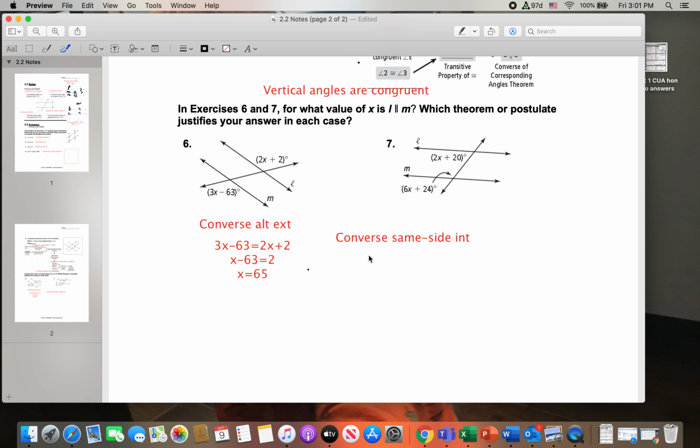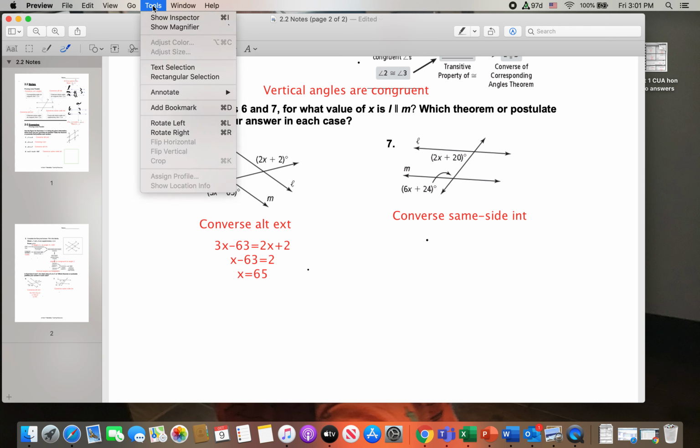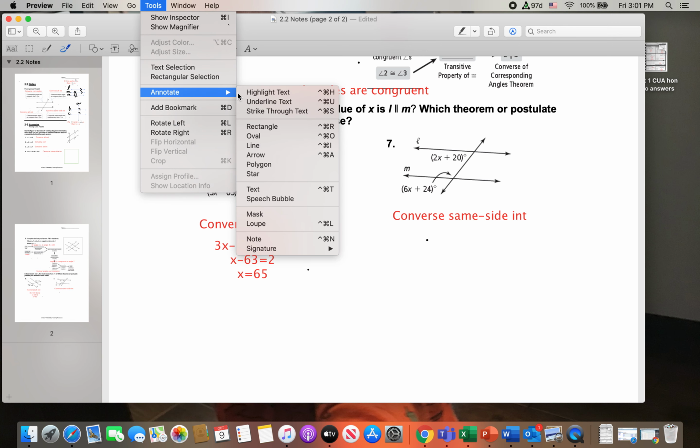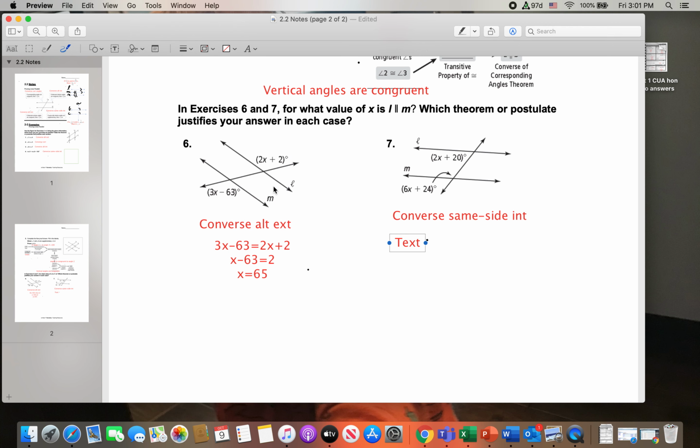If you read all the words with converse, same side interior, they don't say that they should be congruent, right? They say that they should be supplementary. So one of them, 2x plus 20 plus the other one, 6x plus 24, together should equal 180, supplementary.